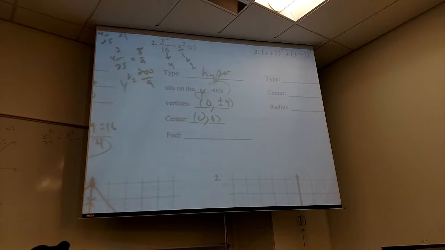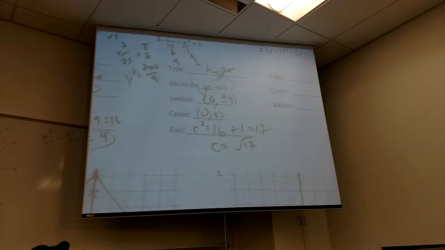This one's got to be outside, so this is going to be c squared equals a squared plus b squared. And thank God for that. It doesn't matter what you call a and b. You're adding it. So the foci: c squared equals a squared plus b squared. So c equals square root of 17. So it'll be up root 17, down root 17. I like it.